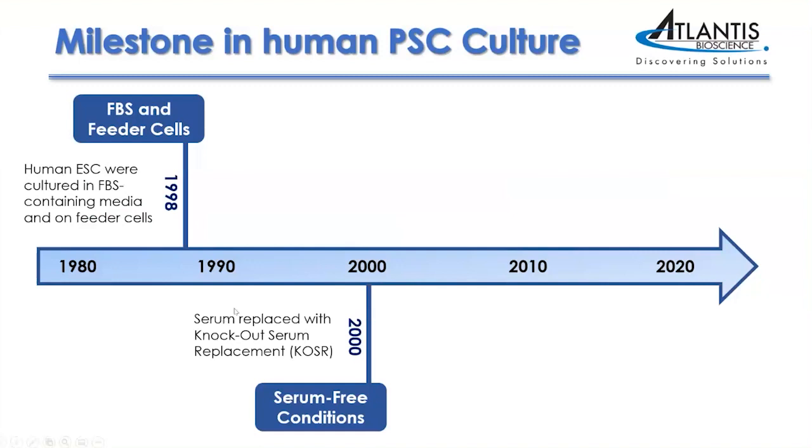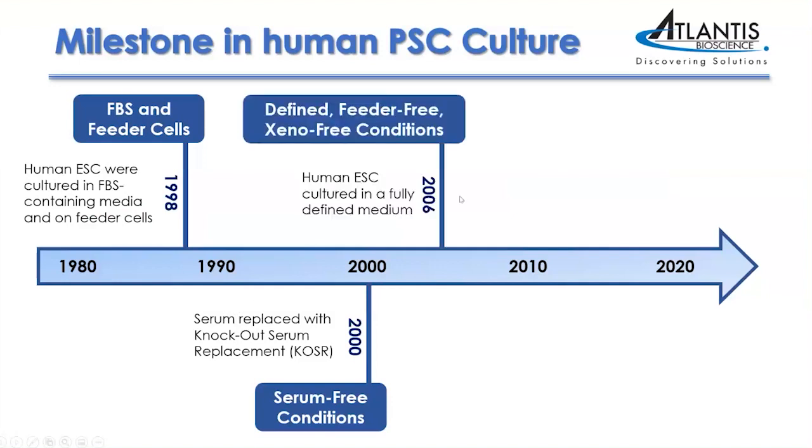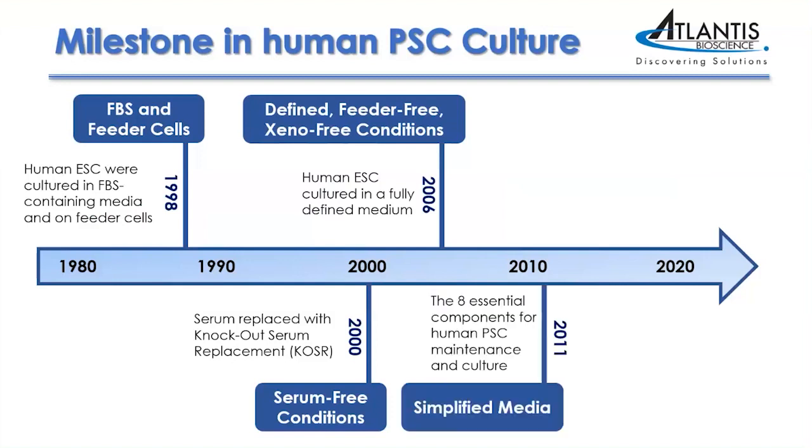Subsequently, FBS was replaced by knockout serum replacement to generate a serum-free condition. Following that, many defined cell culture systems have been developed to culture the pluripotent stem cells. Individual labs and international collaborations have been involved in defining the components in the stem cell culture media. Eventually, this resulted in defined feeder-free and xeno-free conditions.